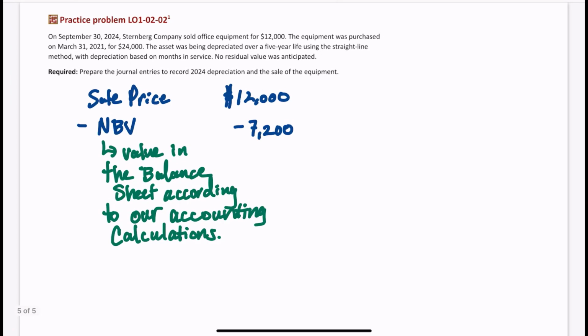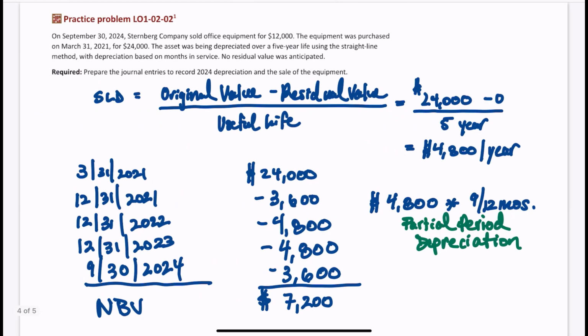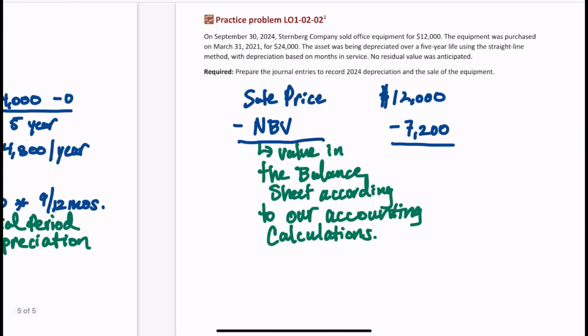But it's irrelevant, because all we're trying to do is figure out if we have an accounting gain or loss. So we're following the accounting rules, which tell us how to calculate net book value. We're following the market when we get a sale price, and we're trying to reconcile the two.